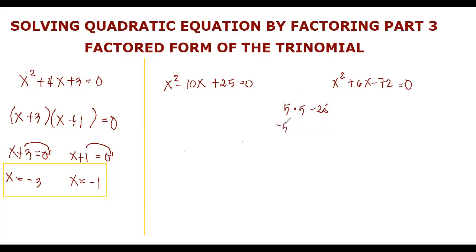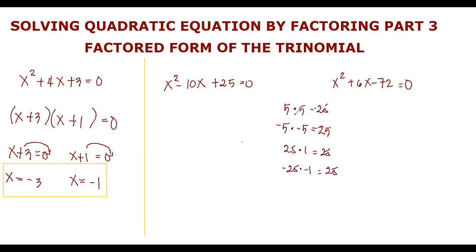Negative 5 times negative 5 is also equal to 25. 25 times 1 is equal to 25. Negative 25 times negative 1 is equal to 25.